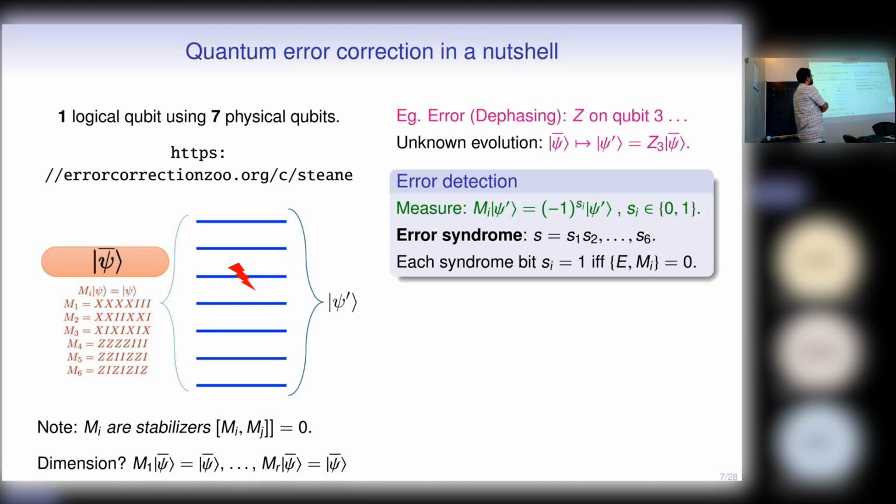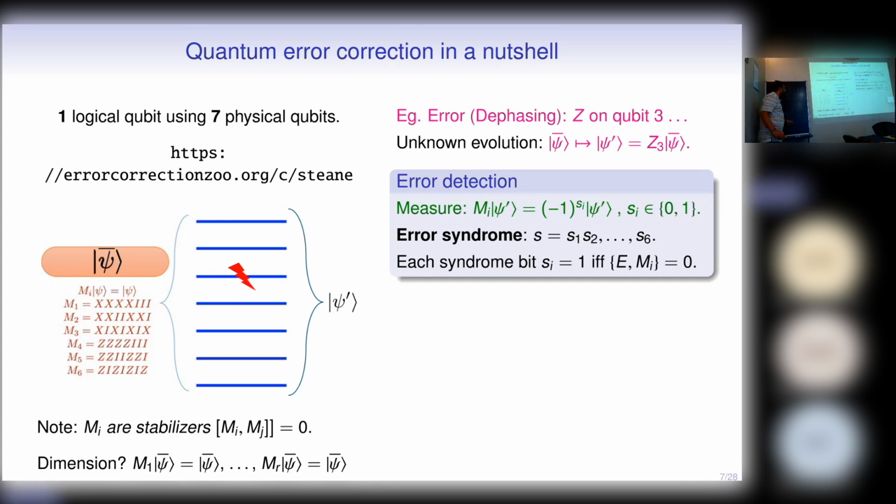In other words, if we write it as a linear algebra equation, we have something like E on psi, and we are applying M. For this to give minus E on psi, you can see that this can only happen if M and E anti-commute, because M actually gets absorbed into psi.